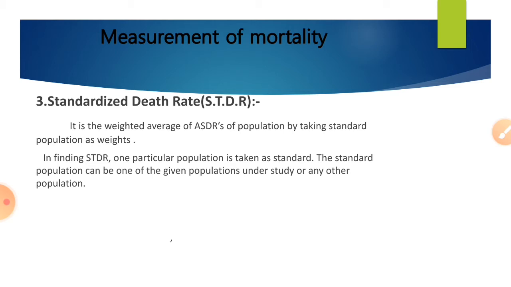So when you are solving an example of STDR, they either give the standard population, or you have to take any one population as standard.